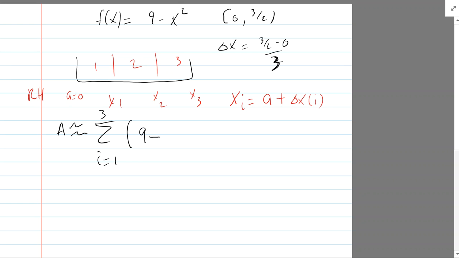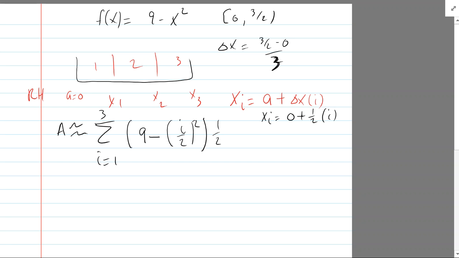So for each one of these delta x's, for our generic one, x of I equals a, and ours is actually going to be 0 plus 1/2 times I. So is that just I over 2? Can we get rid of the 0? So it's going to be 9 minus I over 2 squared, times 1/2.